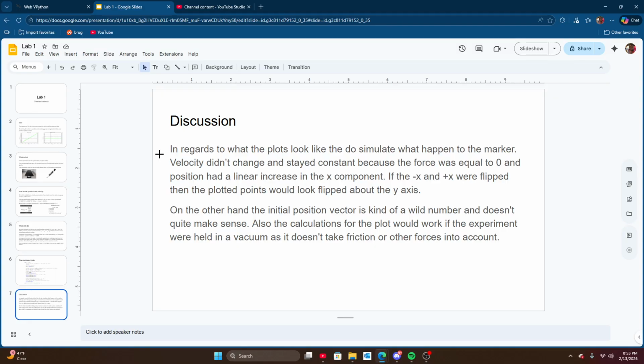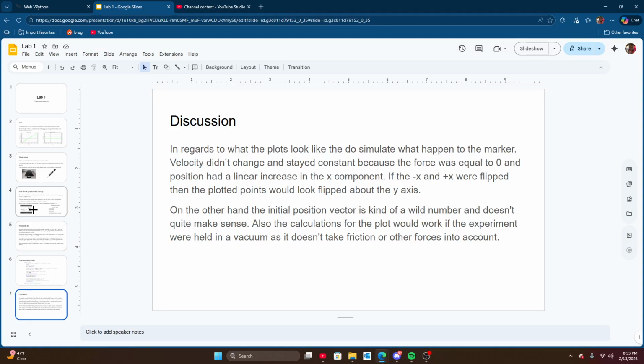And if the negative x and positive x were flipped, then the plot would be flipped across the y-axis. On the other hand, the initial position vector is kind of a wild number due to inexperience with tracker. It doesn't really make sense.